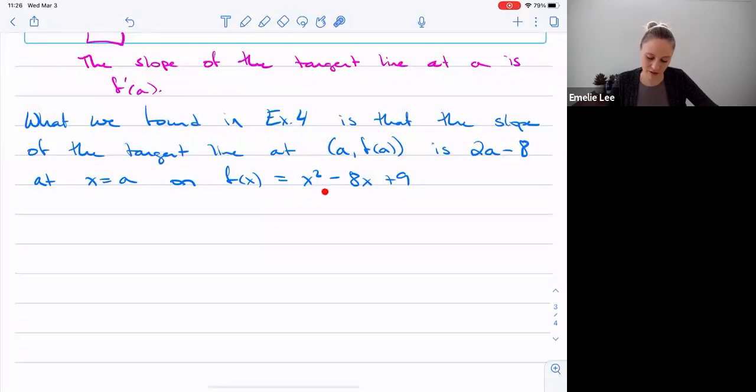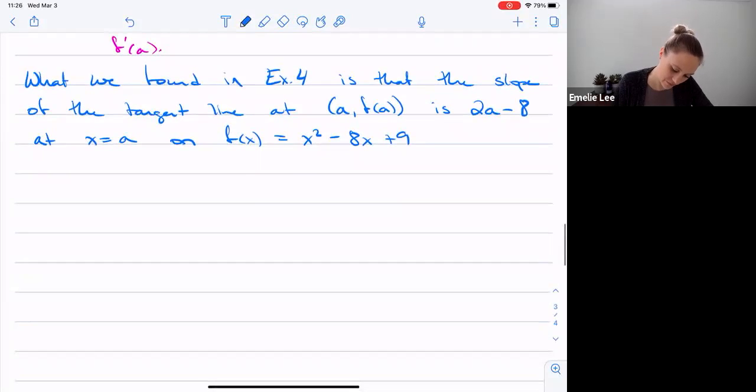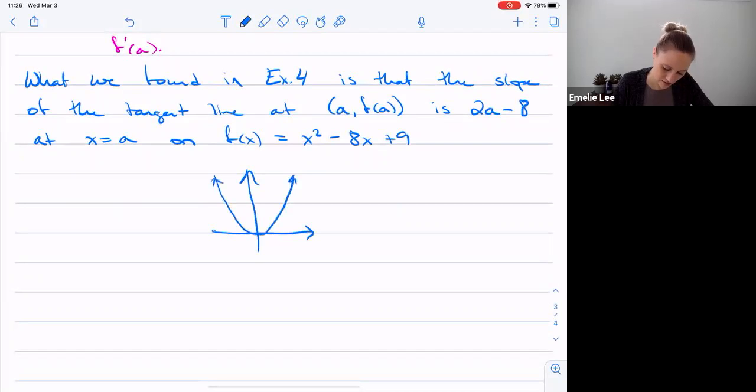So we've got this function, which is a quadratic. It's going to look something like this, kind of generic.